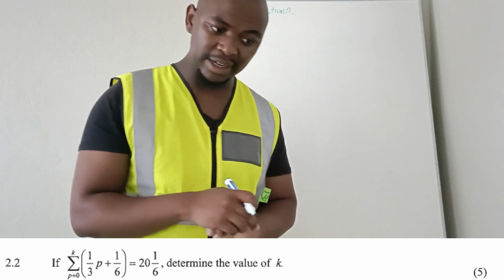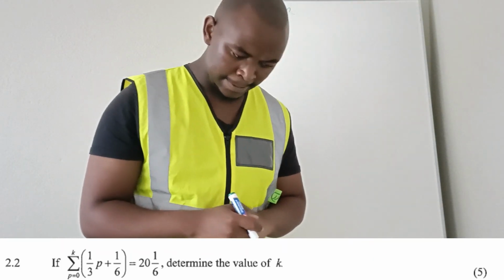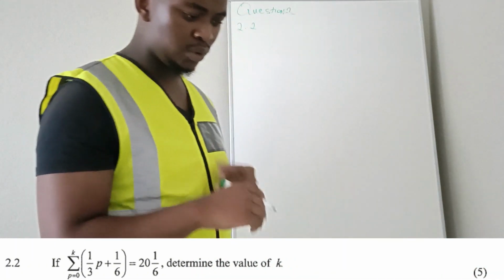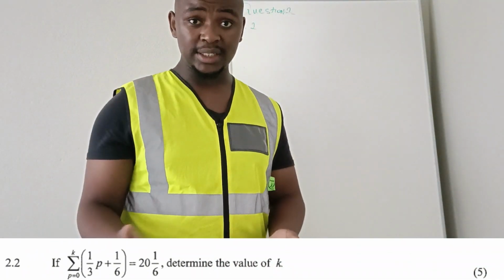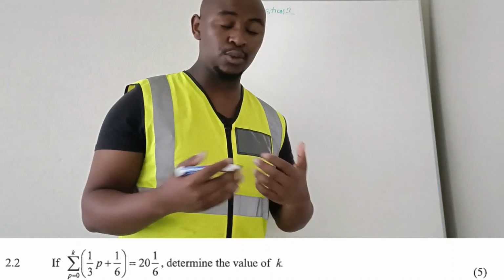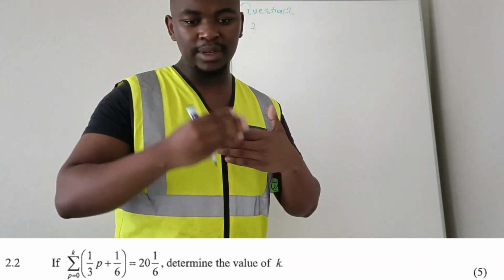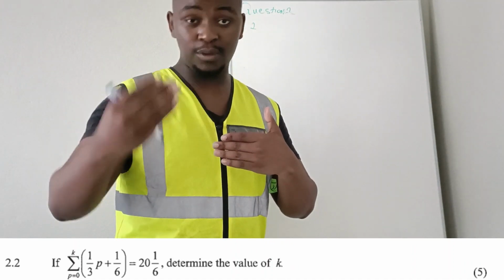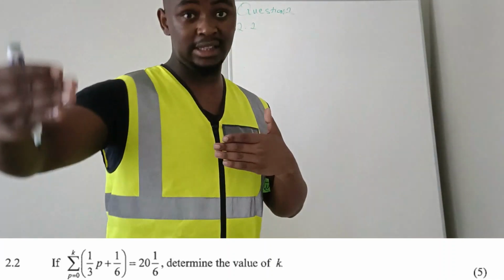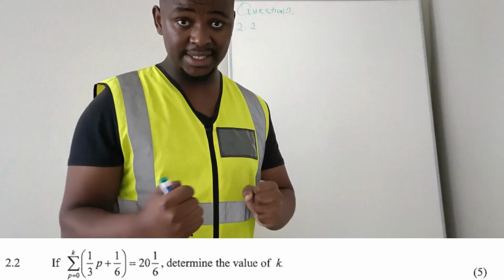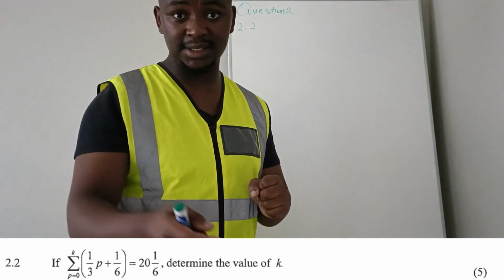So they are saying we must determine the value of k. This is a sequence, and if we sum each substitution of p from 0 to k, we are going to get 20 and 1 over 6.